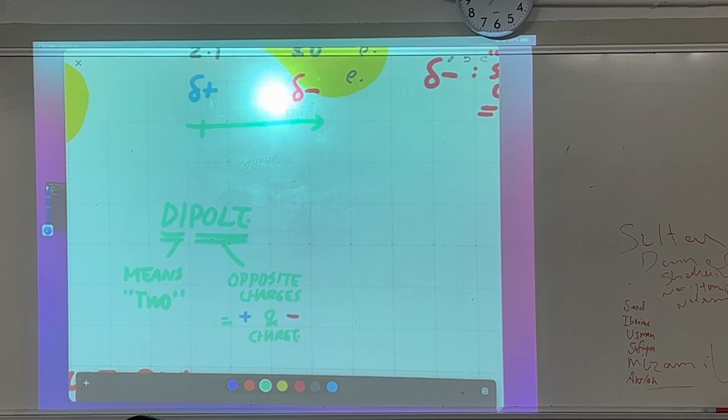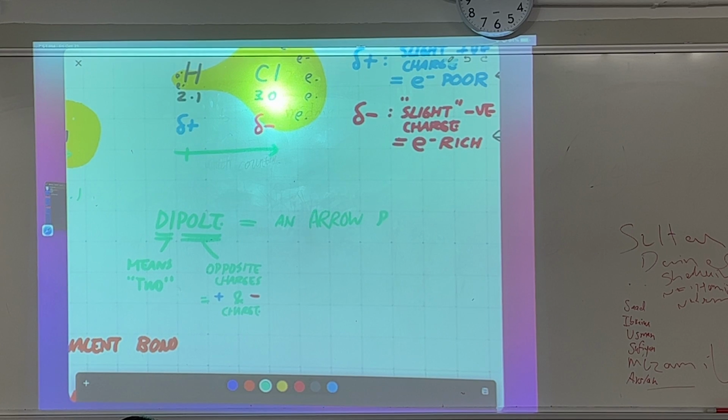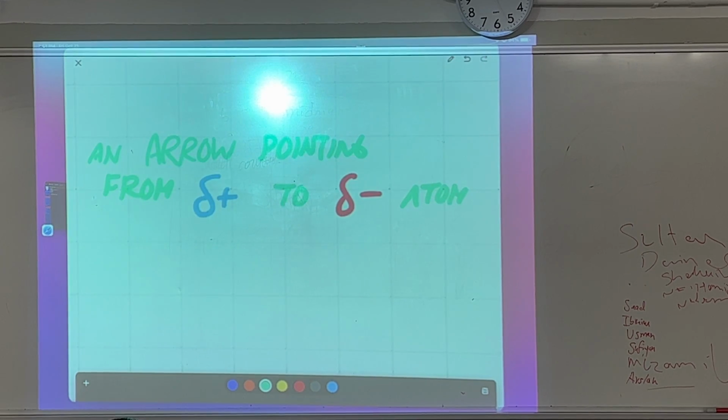And we draw an arrow. So a dipole is an arrow, always pointing from the delta positive to the delta negative atom. In other words, from the less electronegative to the more electronegative atom.